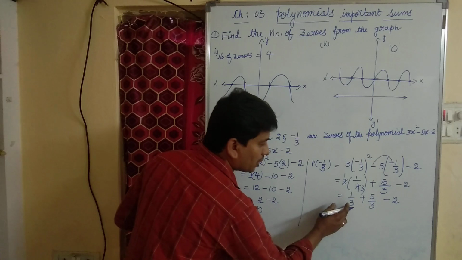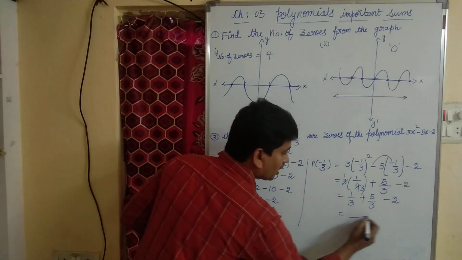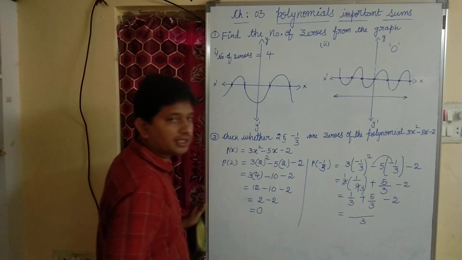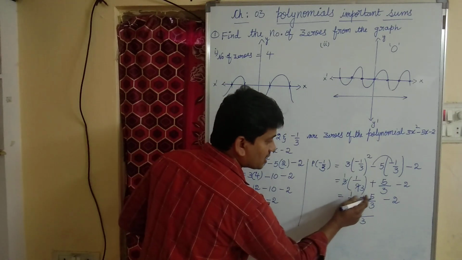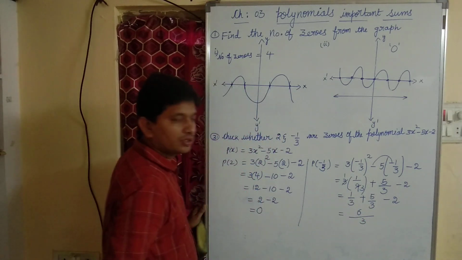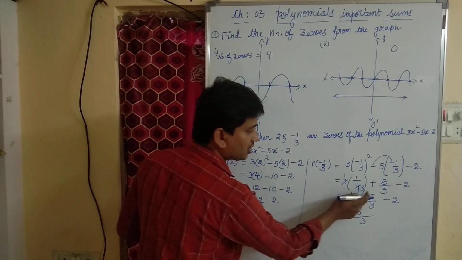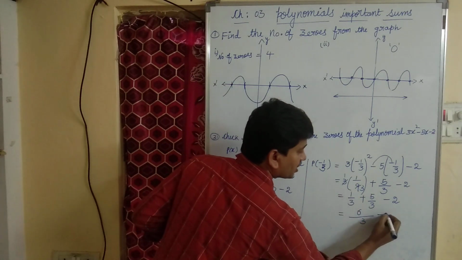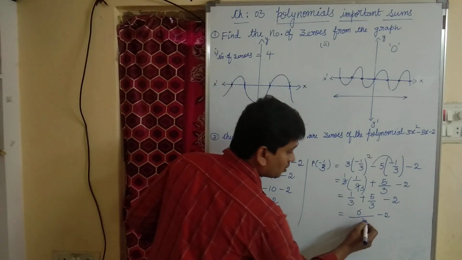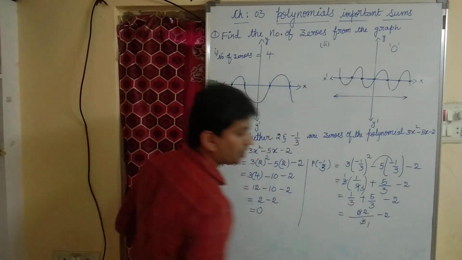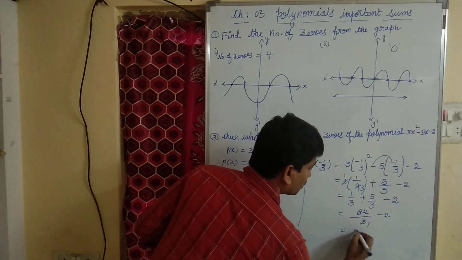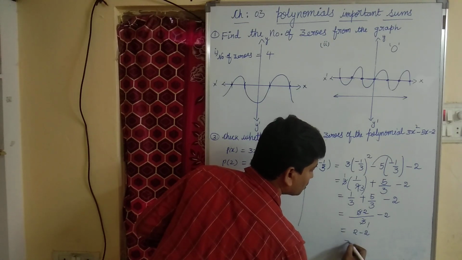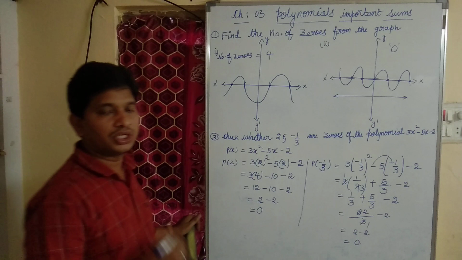If you observe these two terms, as the denominator is the same, retain the denominator as it is. We need to add the numerators. 1 plus 5 is equal to 6, minus 2. So 3 twos are 6, I mean 2 minus 2. 2 minus 2 is equal to 0.